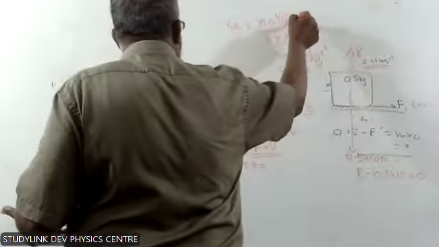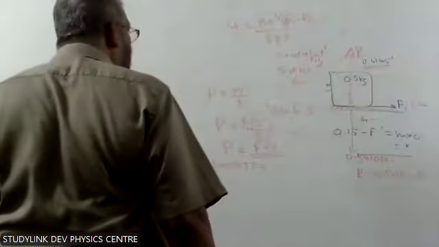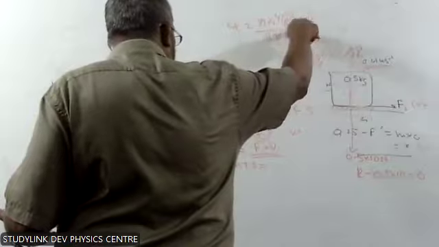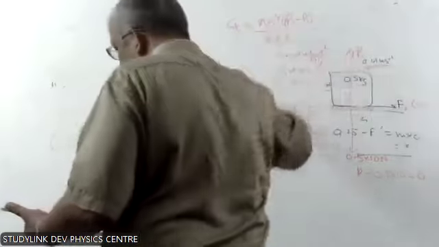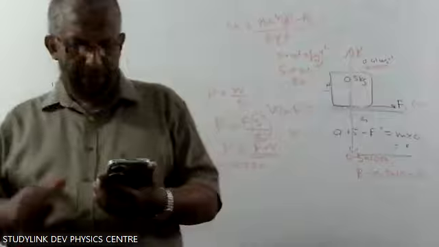Here you can write delta P if you want. Then, the pressure difference at the two ends of the tube. P1 is the pressure at the first end of the tube, and P2 at the second end. Q is the rate of flow of liquid in volume.